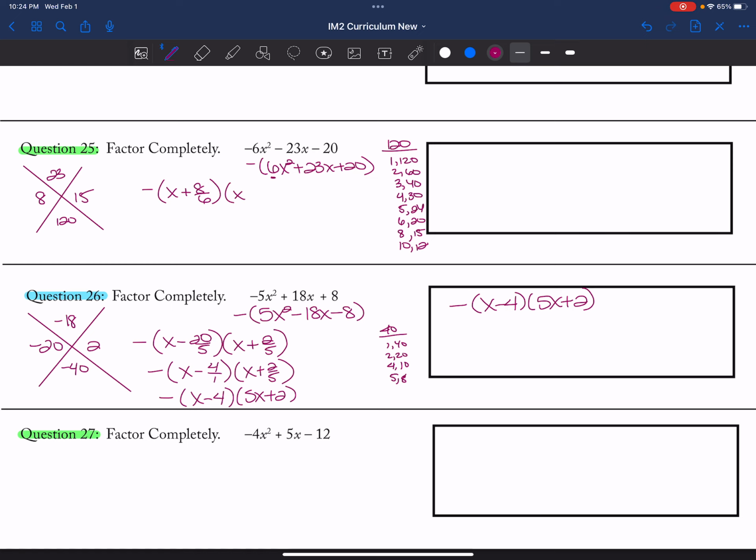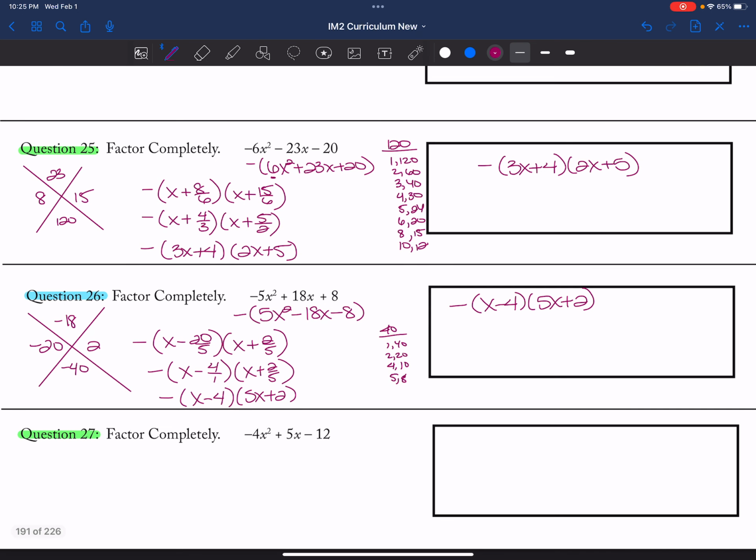Okay, so then x plus 15 over 6. So then I get negative x plus 4 over 3 and x plus 5 over 2. So that gives me a negative 3x plus 4 and a 2x plus 5. So negative 3x plus 4 and a 2x plus 5.